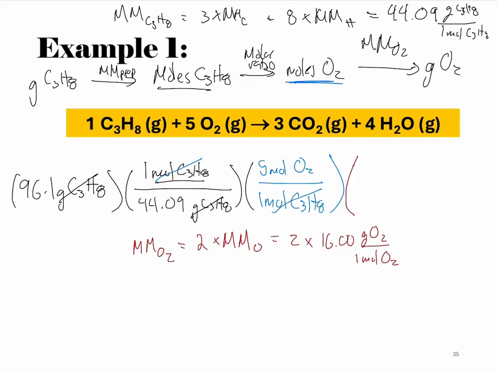We need grams in the numerator, which is the molar mass value, 32.00 grams of O2 per 1 mole of O2. The units of moles of O2 cancel out, and we're left with grams. So this will give us our final answer. Oops, should be 32.00 grams oxygen.